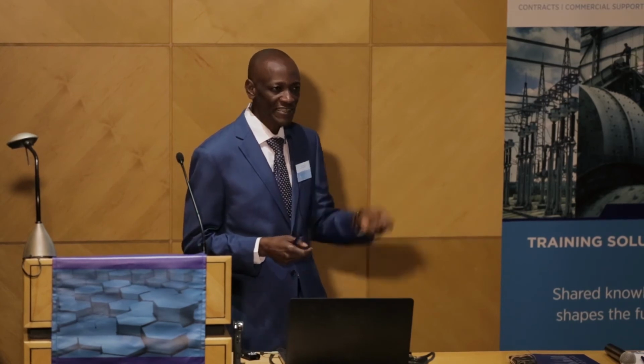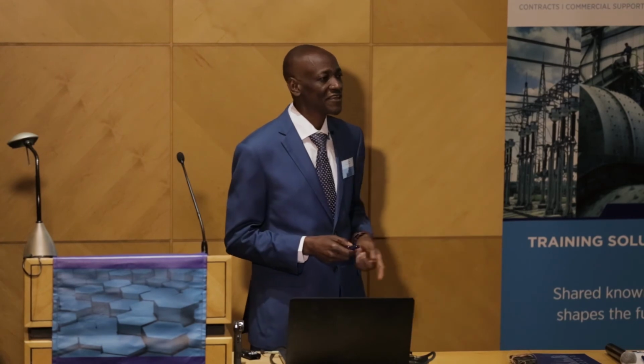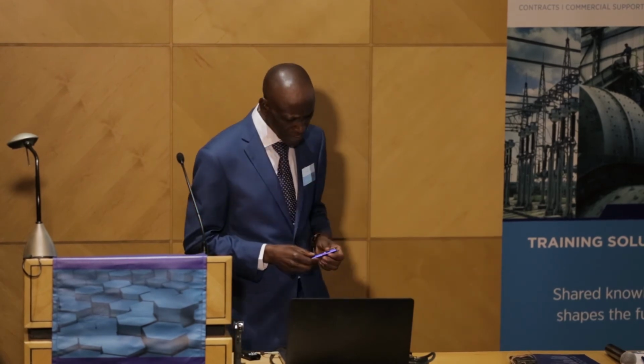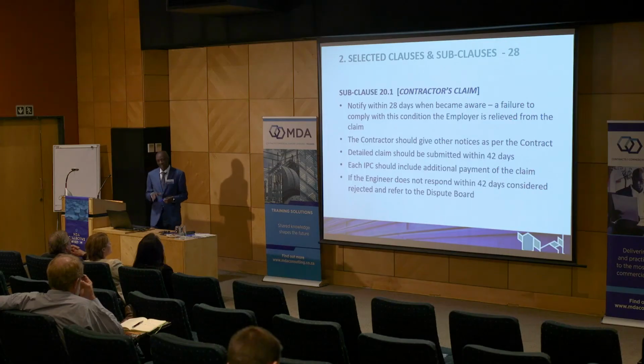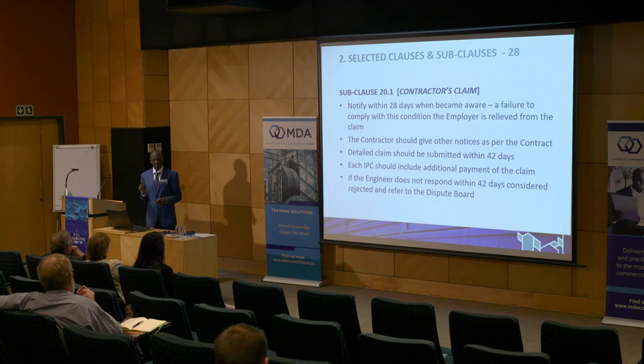So it is important he notifies so that the other party knows that something will happen. There are also other notices, as discussed this morning, which the contractor needs to give as per the contract. So he should comply with all these notices and check the number of days, before his time is barred.